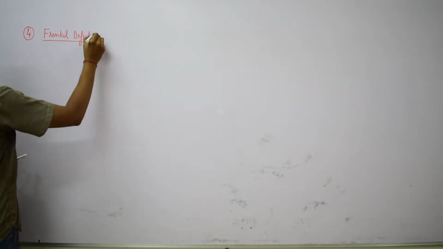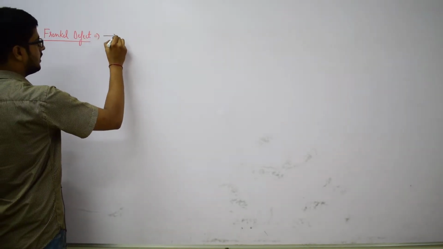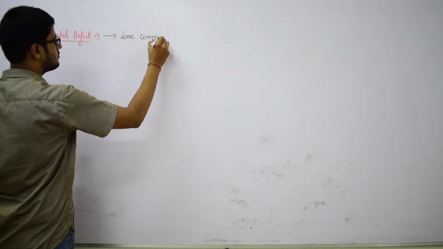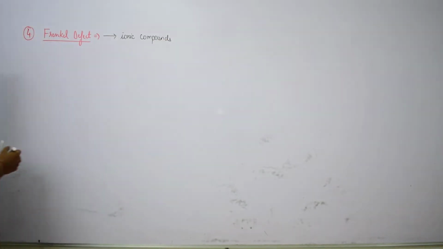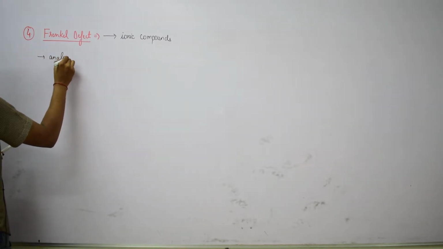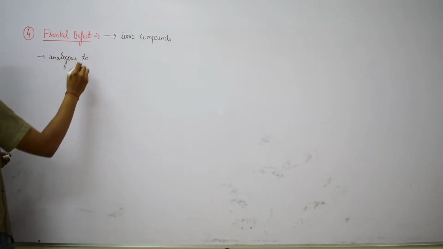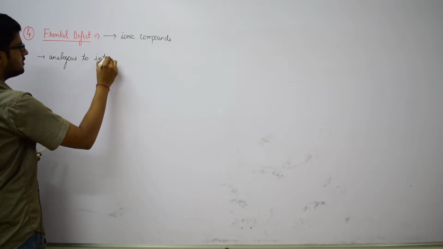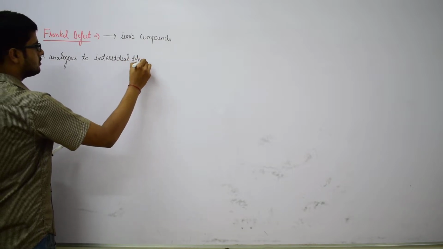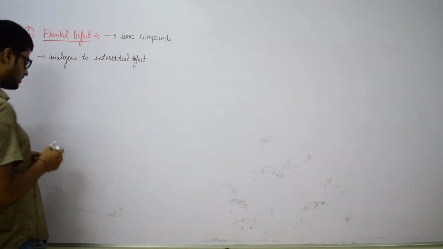This Frenkel defect is also found in ionic compounds. So, let us see what happens in this case. And the second point, it is analogous to interstitial defect. So, what happens? Let us see.